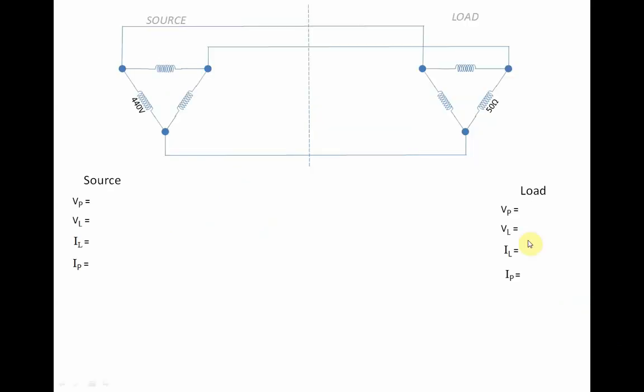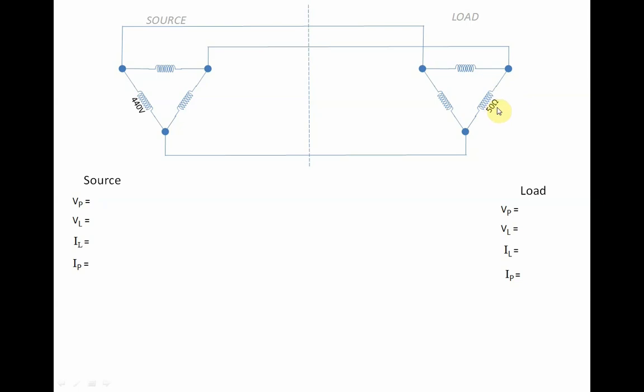Suppose that we have a source which is in delta connection with 440 volts here, and a load also in delta connection with 50 ohms. Since this is a load, the load is represented by a resistance. Take note, in an AC system, this resistance would be an impedance.